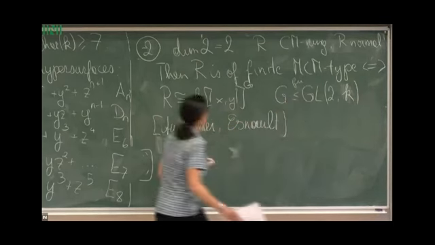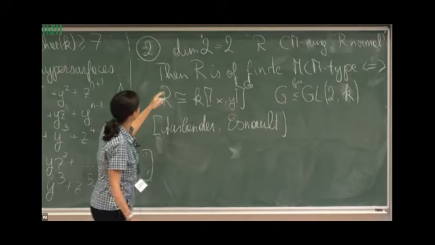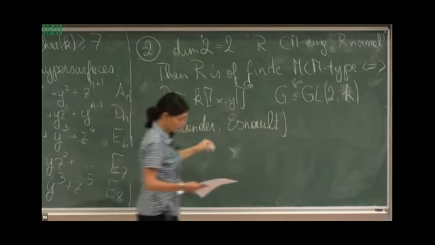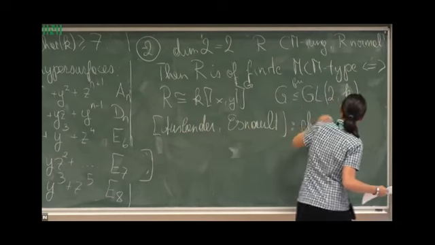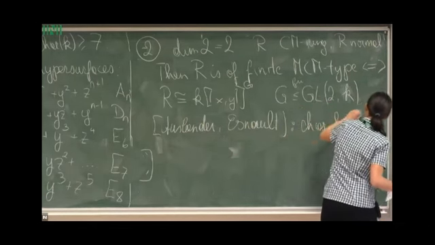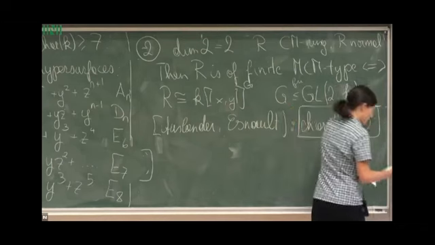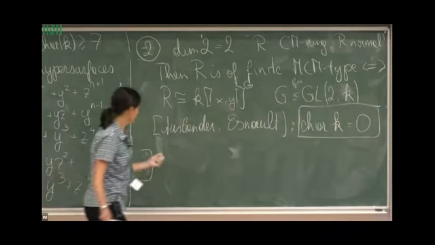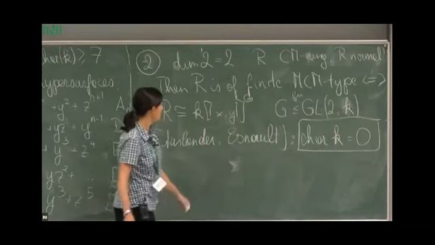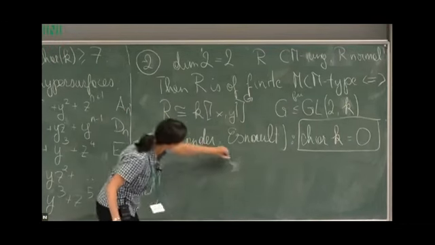You definitely need that the characteristic of K is 0 for this proof, because we need some topological argument of Mumford to prove this direction.